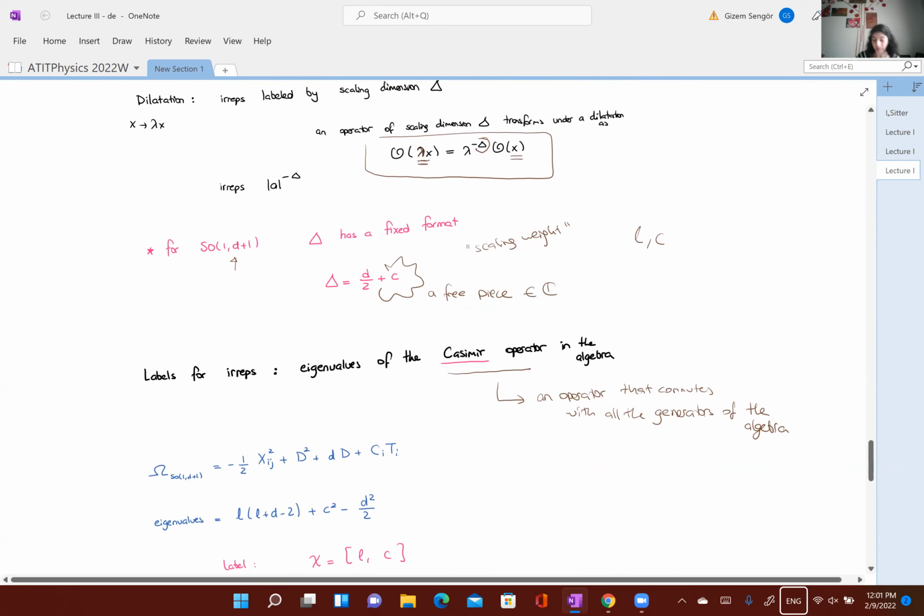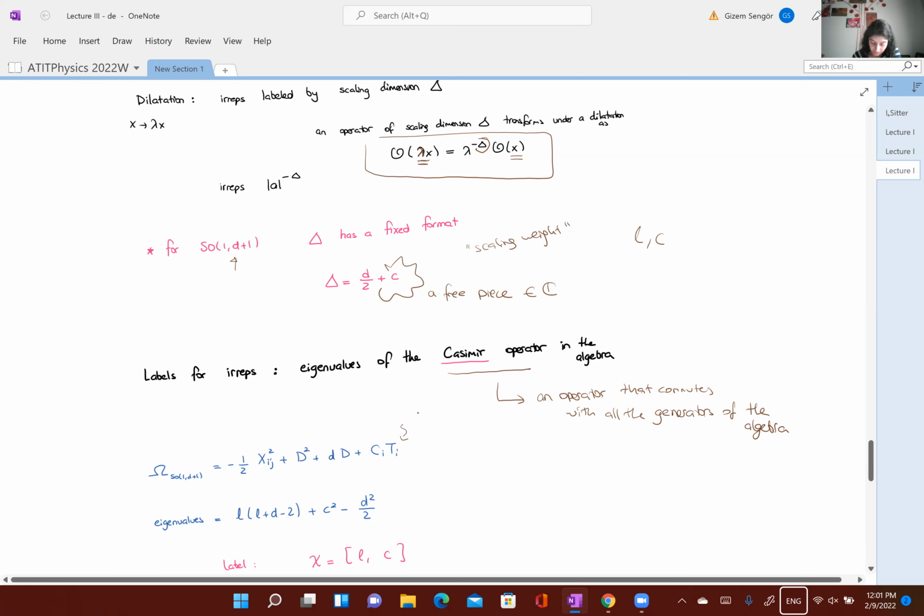Okay. Now it's not just one. You can build it at a quadratic level, at a quartic level, so to the power 2, to the power 4, it can go like this. But for SO(1, D+1), this is what the quadratic Casimir is. Notice that the generators come in squared, but they also enter linearly.